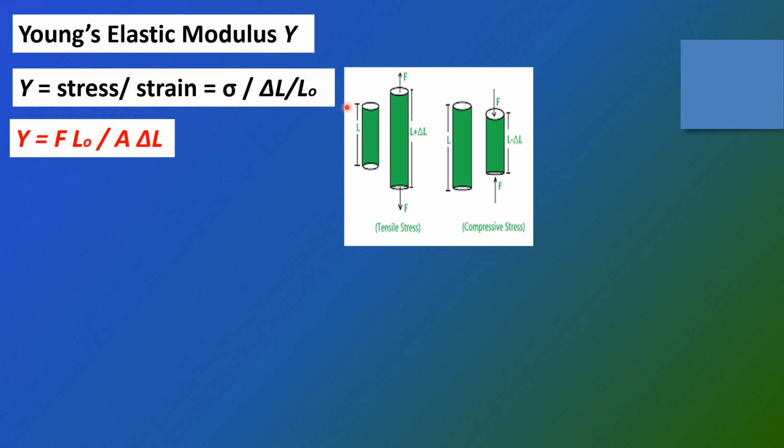So by transposing the L naught, placing L naught in the numerator, we will come up with a direct working equation for Young's elastic modulus, capital Y, being equal to the product of the applied force F and the original length L naught divided by the product of the cross-sectional area, capital A, and the change in length, delta L. So that's true well for any kind of tensile stress or compressive stress, as shown in these drawings.